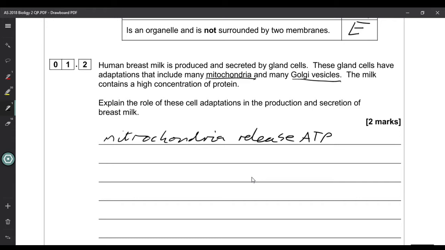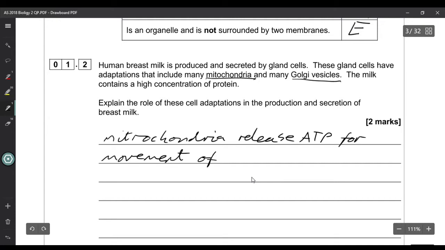So it's not just good enough in a question like this to say, well, the mitochondria release ATP. We've got to say how those ATP are going to be used. So in this case, it's for the movement of vesicles and the synthesis of proteins.